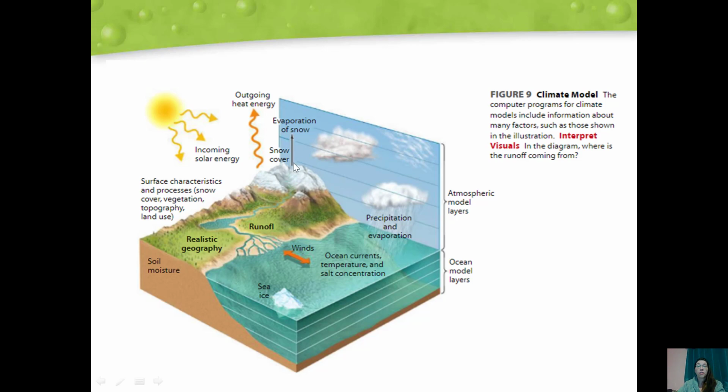Of course, not all of that snow or ice is going to evaporate into the atmosphere. A lot of it is going to turn into fresh water in streams or rivers. And that water is going to go from the highest point and run down to the lowest point and be run off and enter a lake, pond, or ocean.